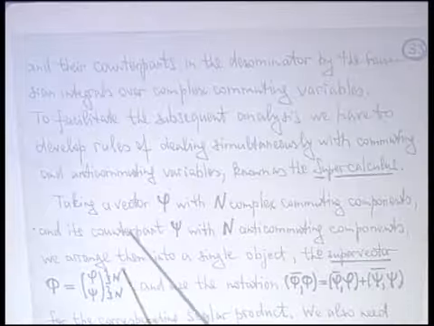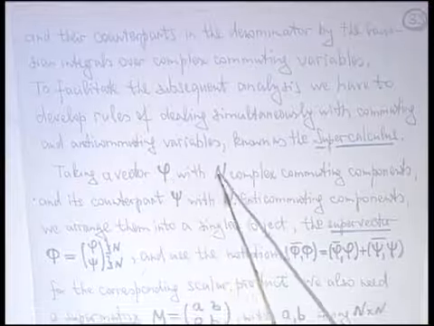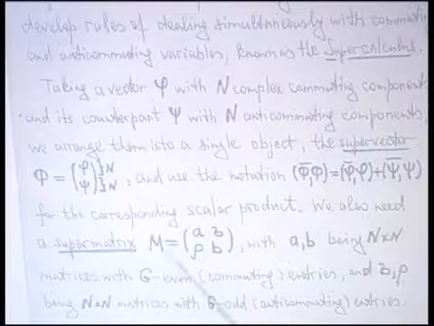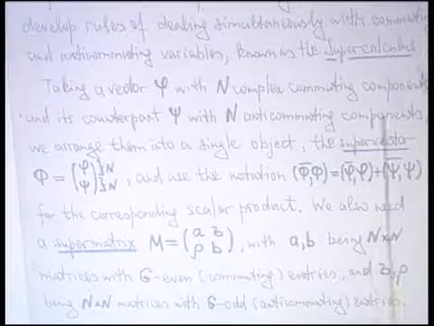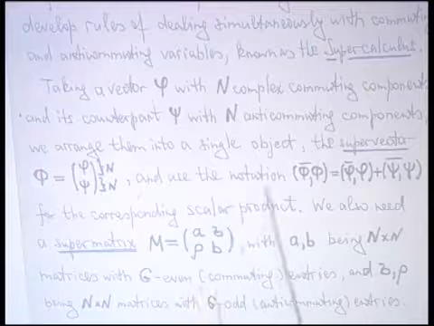So let us suppose that we have a vector phi, this is our notation used in this lecture, with n complex commuting components, just an n-component vector of the usual type, and its counterpart psi with anti-commuting components. Let us arrange them into a single object, a supervector, which I will always think of as a column of two capital N numbers.